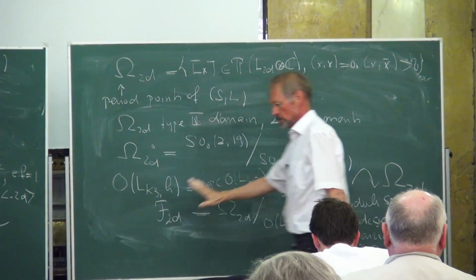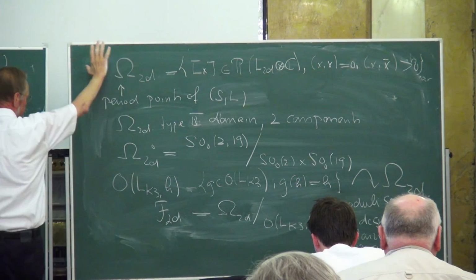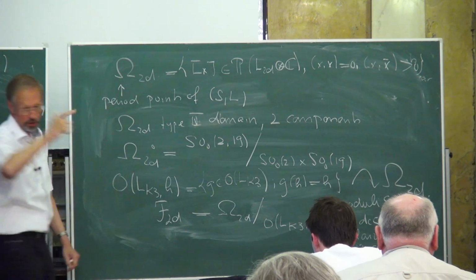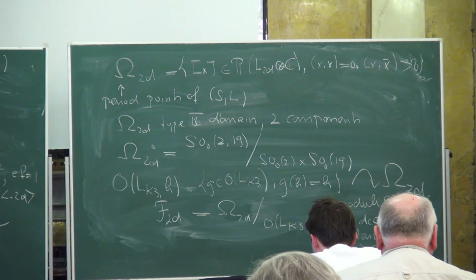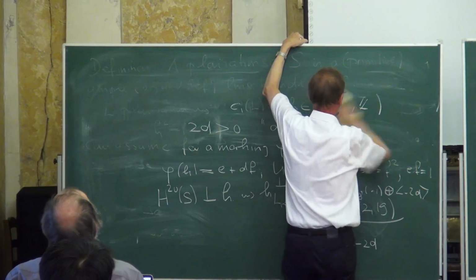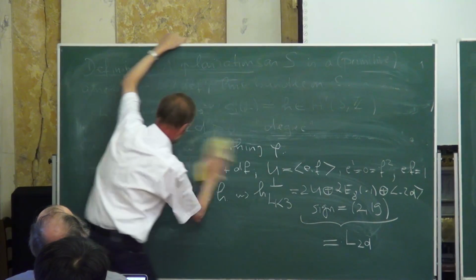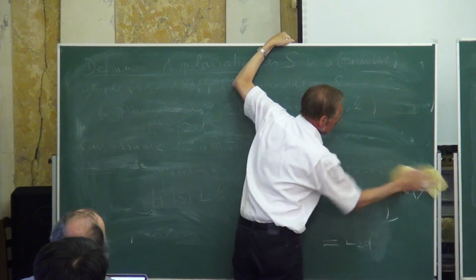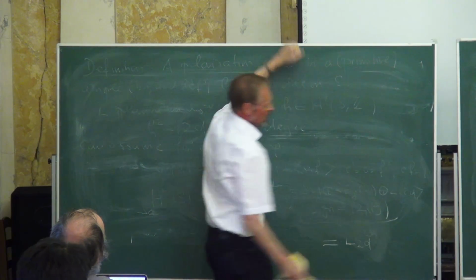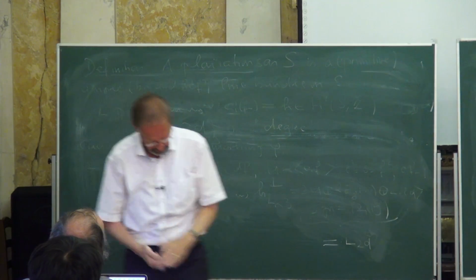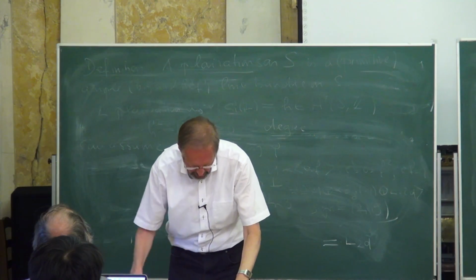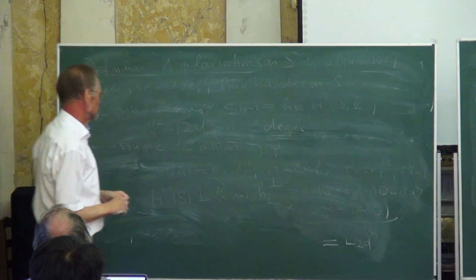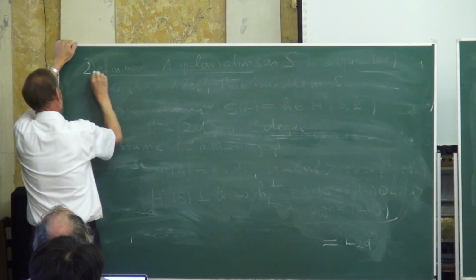Okay, this is irreducible, although this has 2 connected components, but this group interchanges the 2 components, so this is irreducible. This is now a nicely behaved quasi-projective variety. It's not just an analytic space, it's actually a quasi-projective variety. It has only finite quotient singularities, and it's a nice thing. Okay? So, that's that.